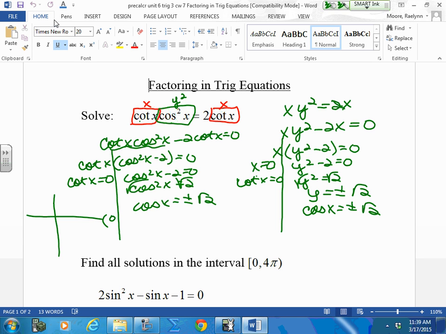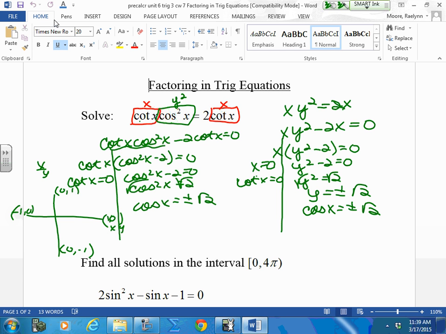It had to come from one of these. My cotangent is x over y. Which one can I divide x over y and get a 0? Not the 0. The 0 will give me undefined.